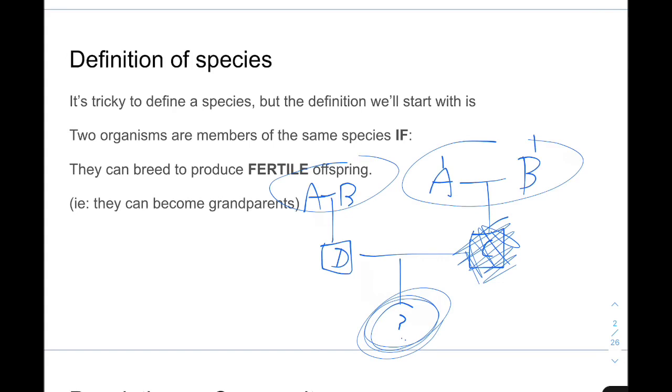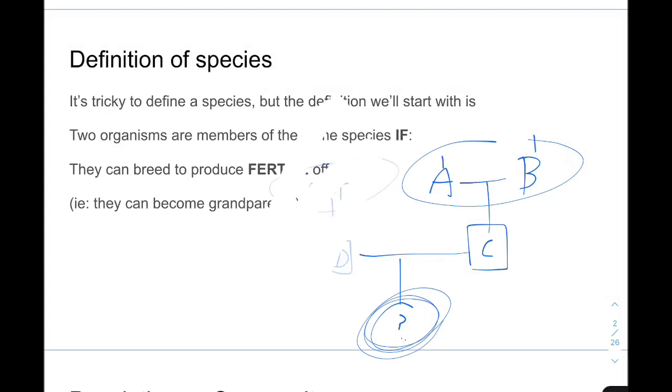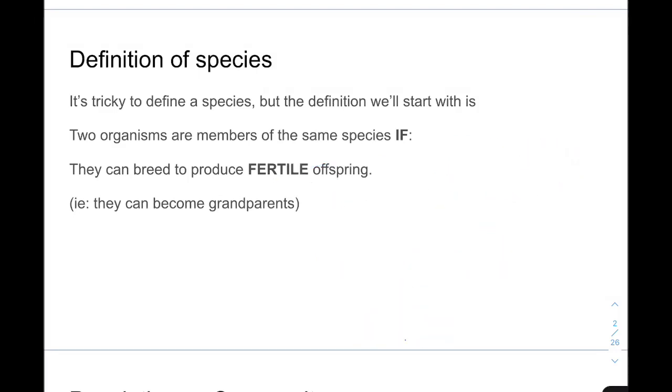But sometimes you can get C, like in the case of a horse and a donkey making a mule, or a lion and a tiger making a liger or tigon. But that is not always a fertile offspring. It's not always able to make gametes that are going to be able to fertilize. So the test is, can you make grandchildren?